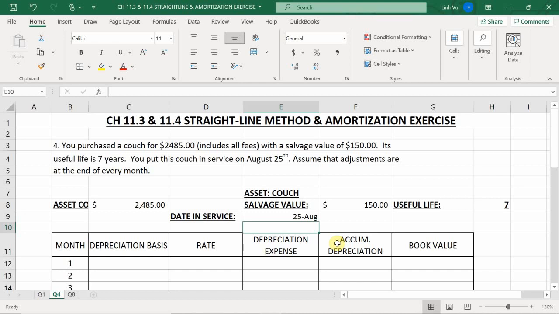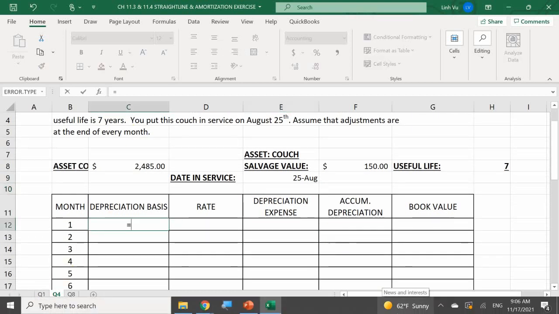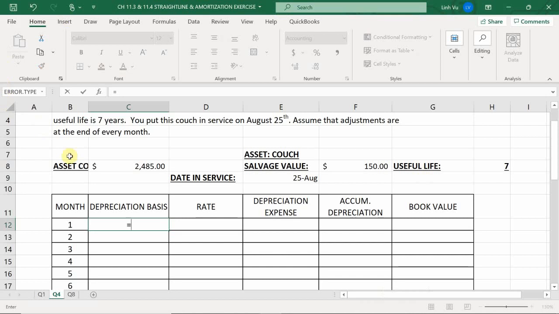Okay. So in this case, let's go ahead and solve for our depreciation. What is going to be my depreciation basis? 2,485?